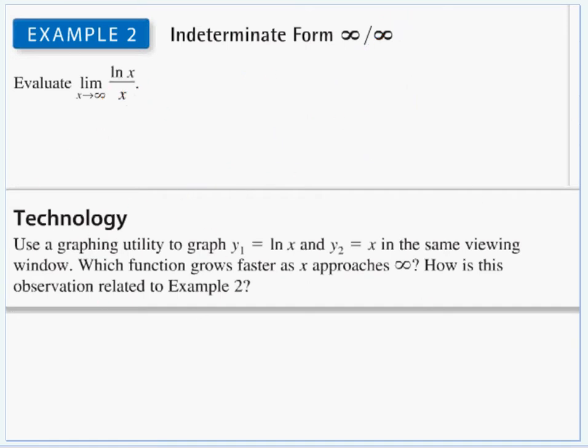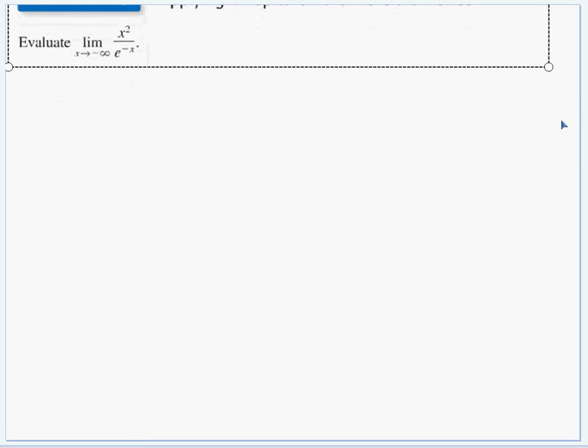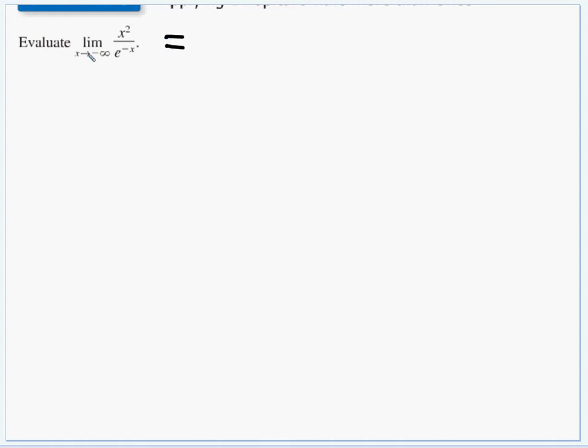All right. What's next? Example 3. Occasionally, it's necessary to apply L'Hopital's rule more than once to get rid of that indeterminate form. So here is our limit in its natural state. If we try direct sub, negative infinity is going to go up here and be squared, so that's going to be positive infinity.